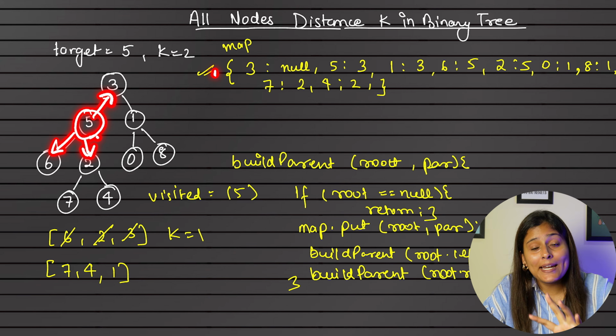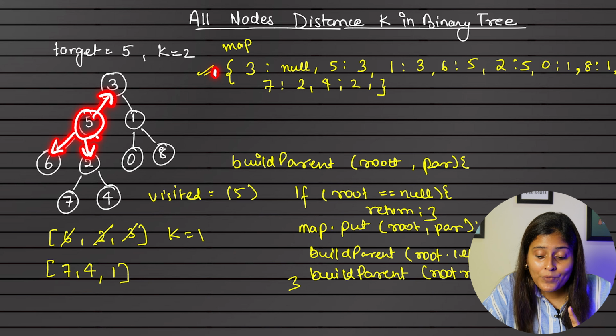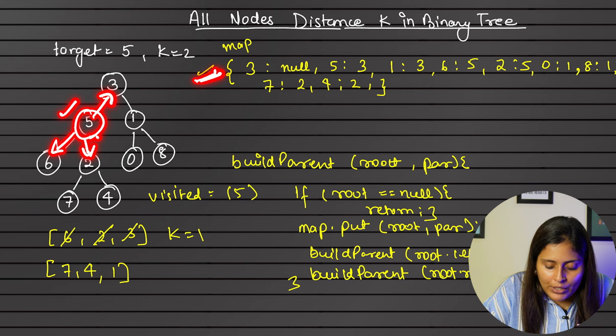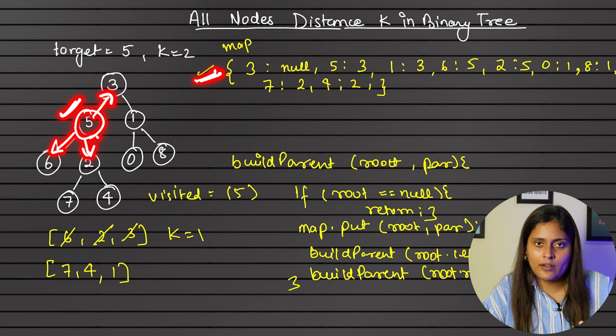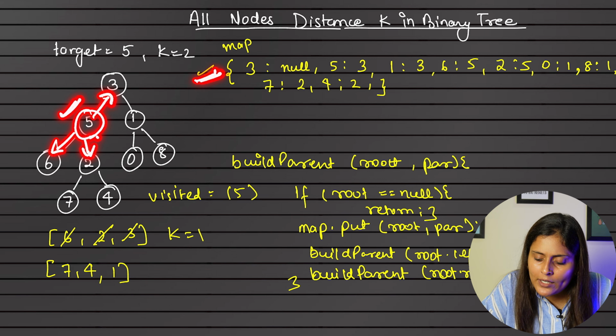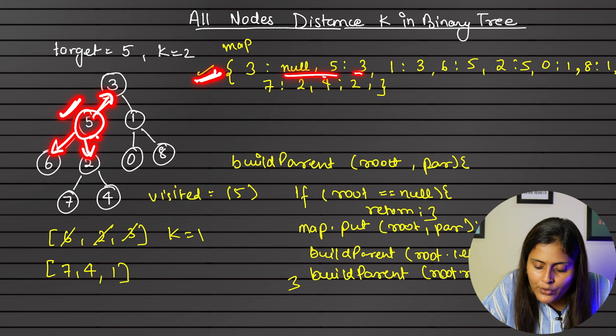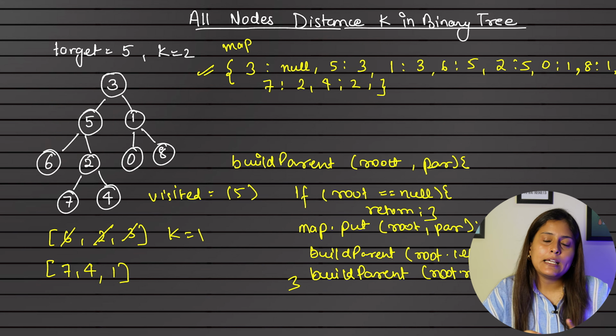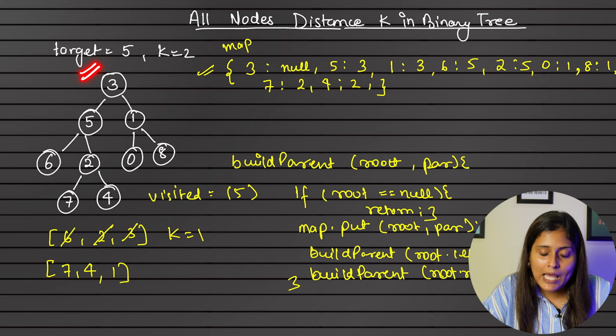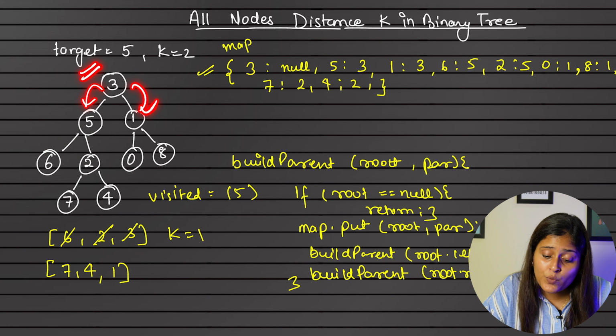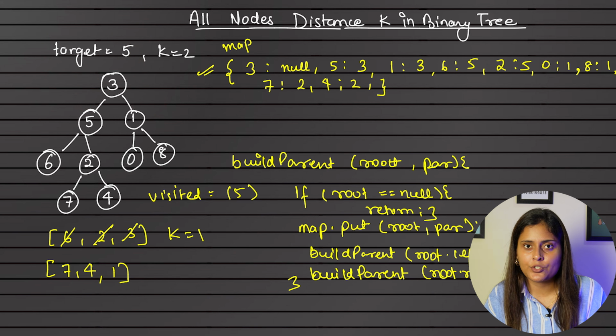Parent, okay, you were earlier not allowed to go to the parent. For that only you maintain the map, right, to store their parents. So even if you are starting from the target, instead of starting from the root, you can find the parent from this map, right? So hence it's not needed to start from the root and check all the values until one matches the target and then start the real iteration, correct?